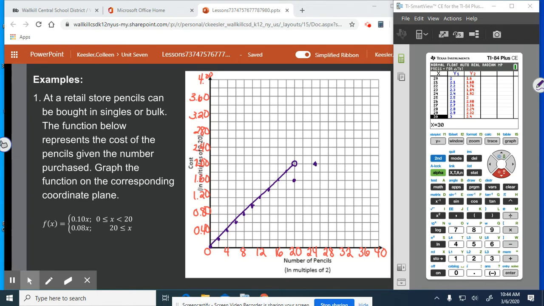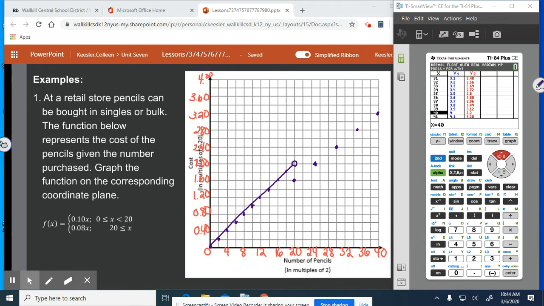Then 30 and $2.40, so between 28 and 32 up to $2.40 is here. 35 and $2.80 would be right before the 36 and here. And then 40 is going to be $3.20, which is here.